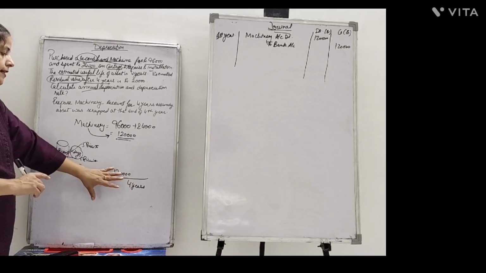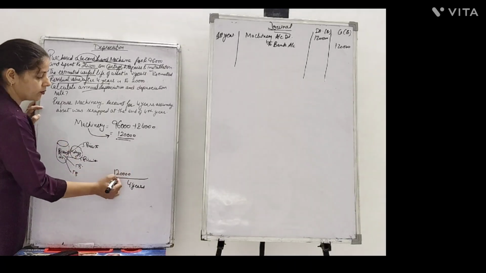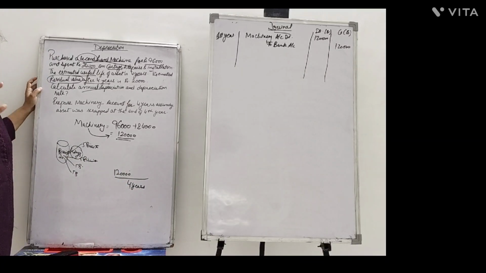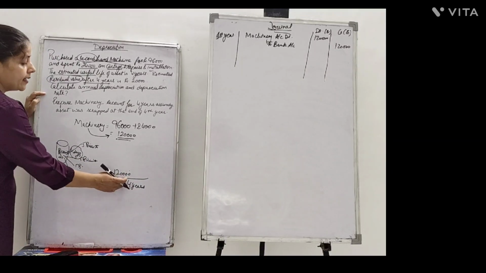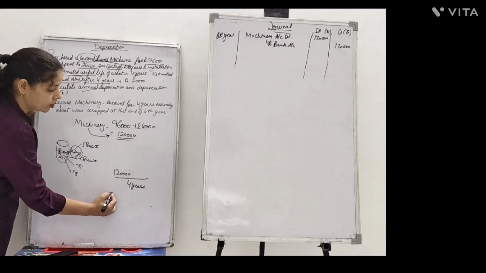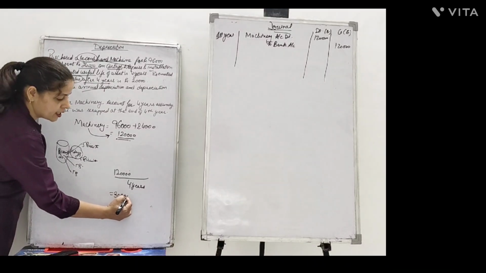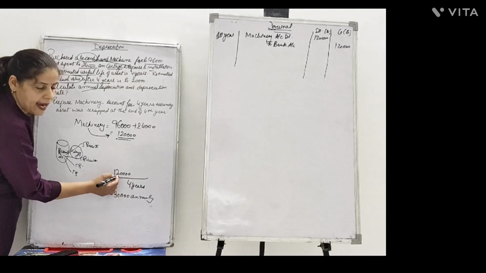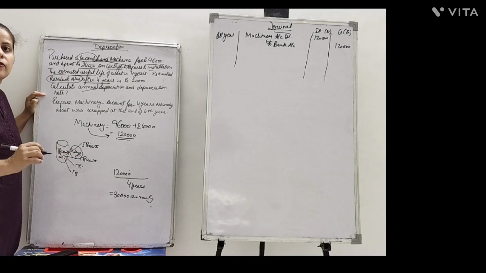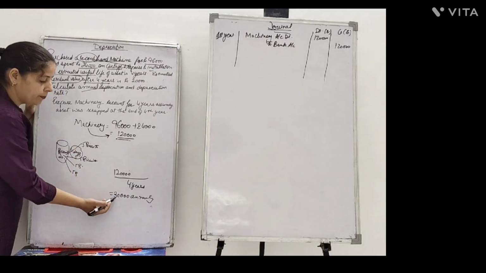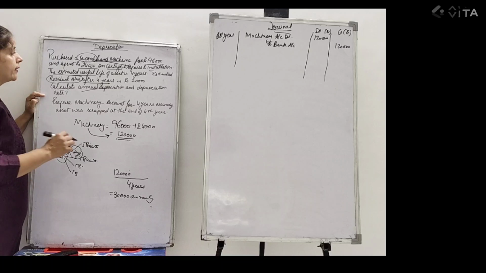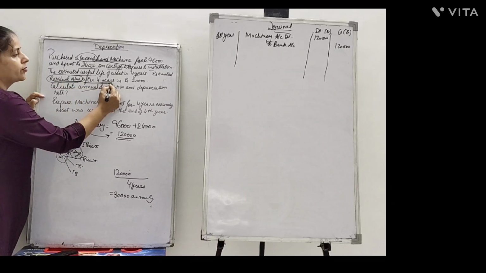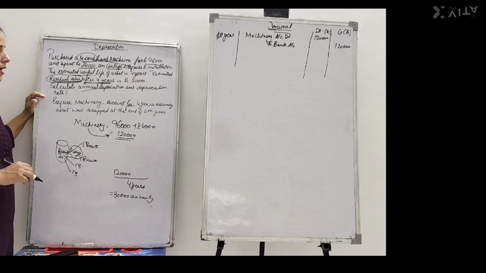The easy way to understand is, if the asset value is 1,20,000 and it is to be used for 4 years, then what would be the amount of depreciation annually? That is 30,000, meaning this asset is reducing every year by rupees 30,000. But there is another point given, that the residual value after 4 years is rupees 20,000.